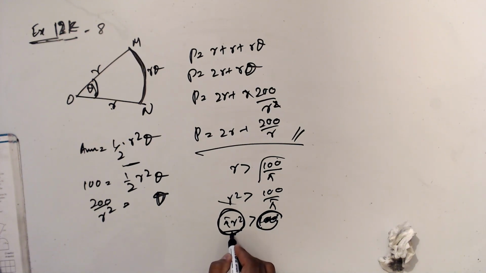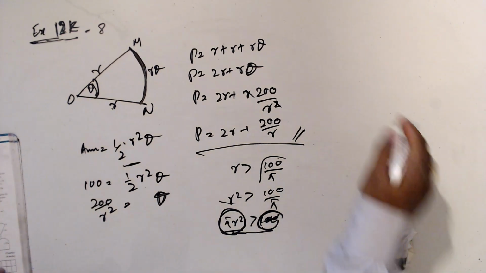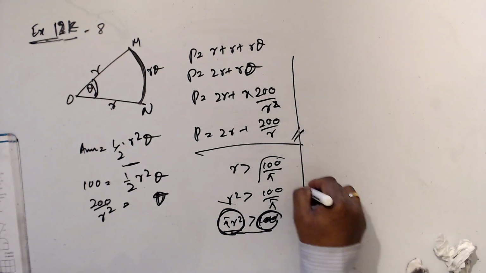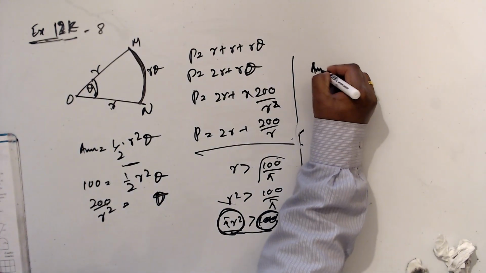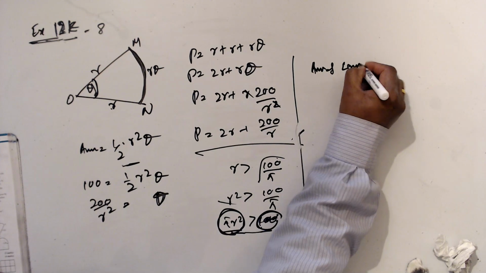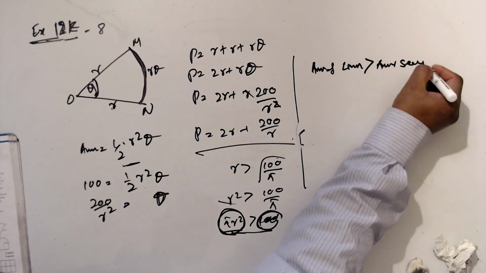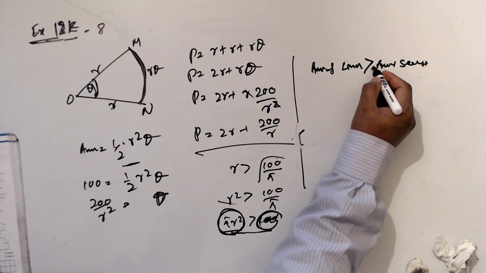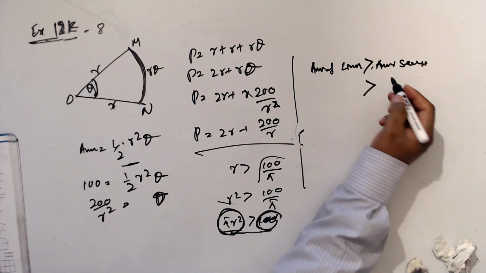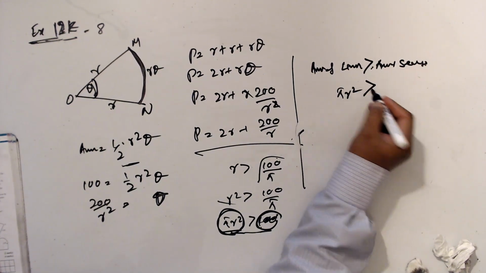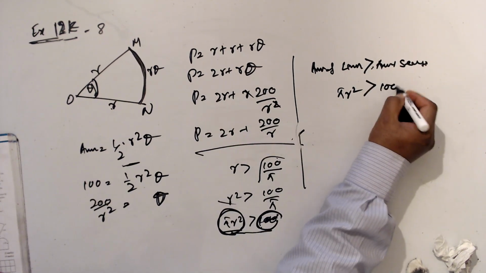The area of a circle is greater than the area of the sector. Pi r squared, this is 100.